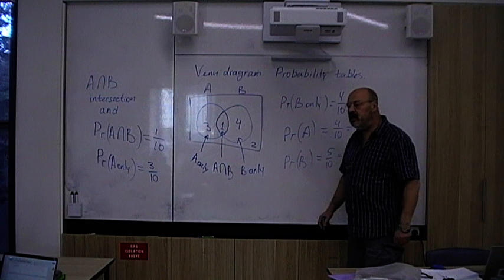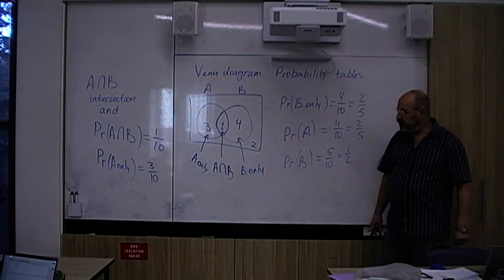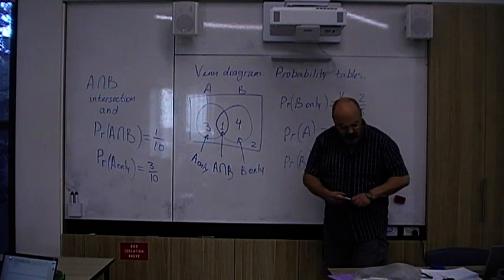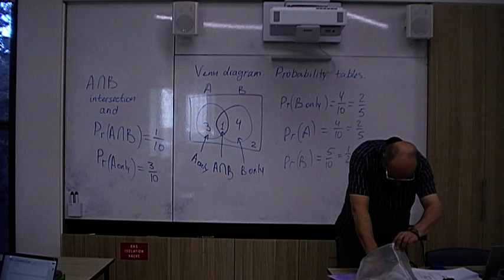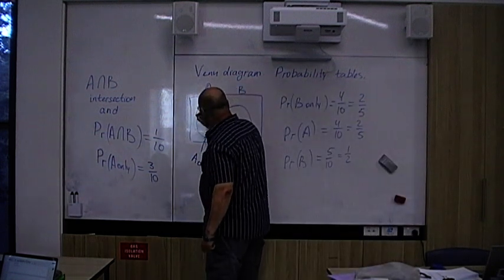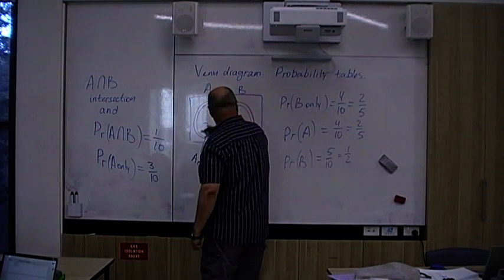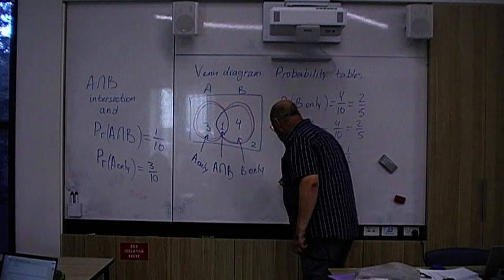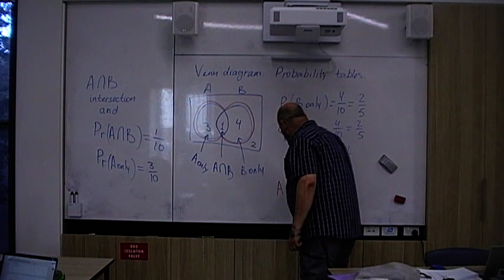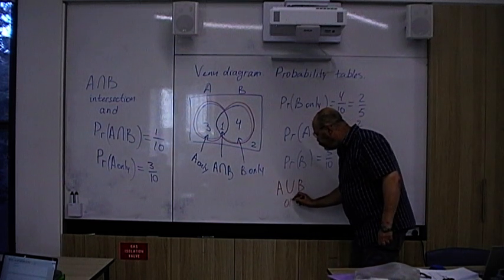And one more thing. That was intersection, now union. Union will be this: what is in A or B or both. So we say that is A union B. This sign means union, or means or.